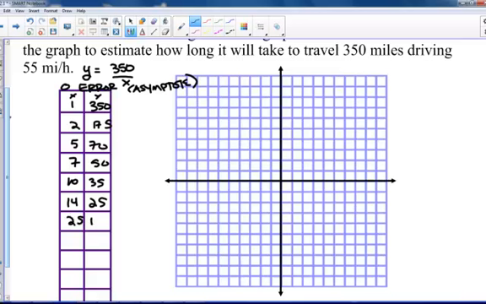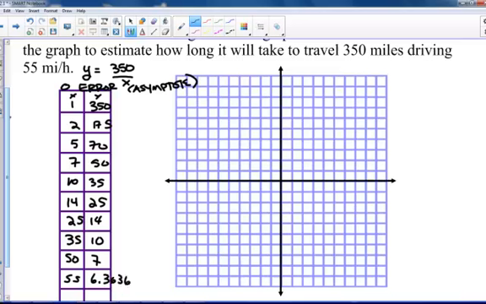25 is 14. 35 is 10. 50 is 7. 55 in the calculator says 6.3636.